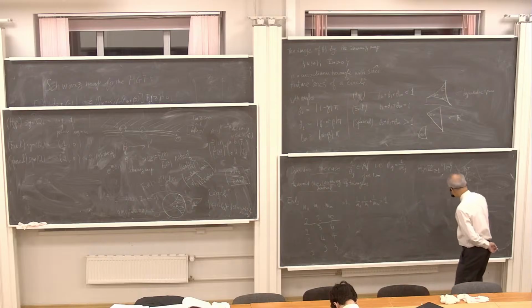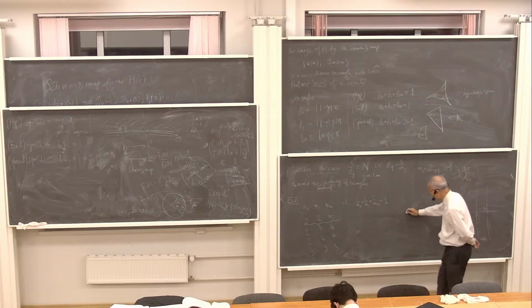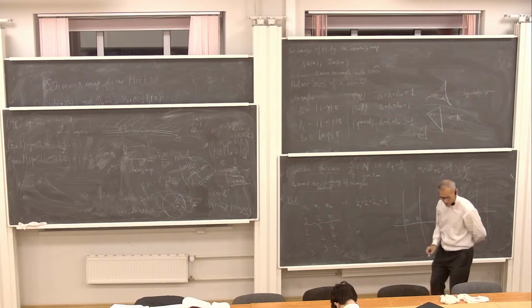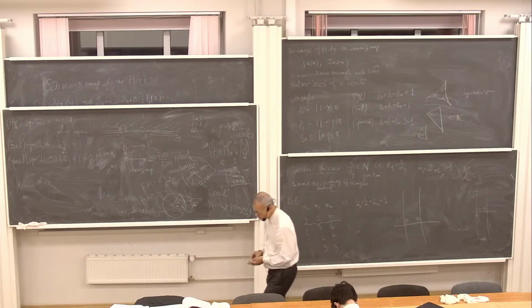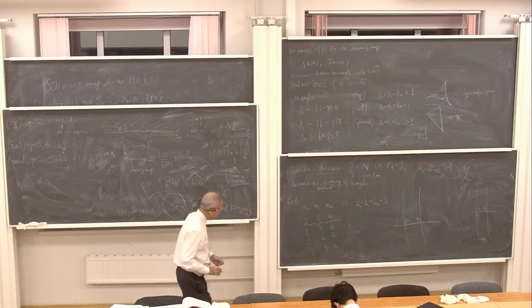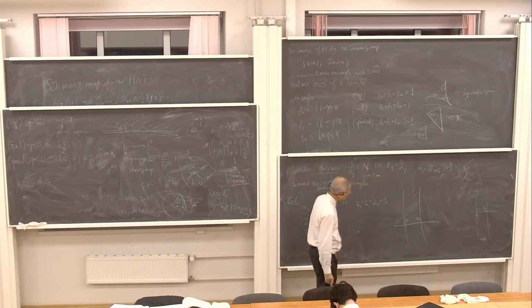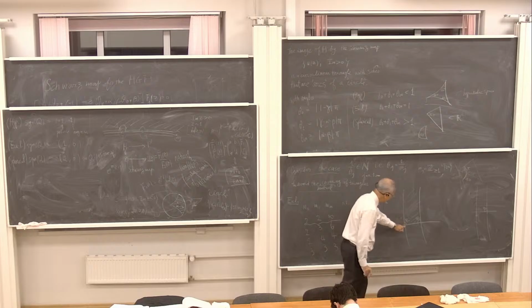Say the triangle we have on the plane is this. So this is the triangle, the image of the Gauss-Schwarz map of the upper half plane, and the lower half plane.